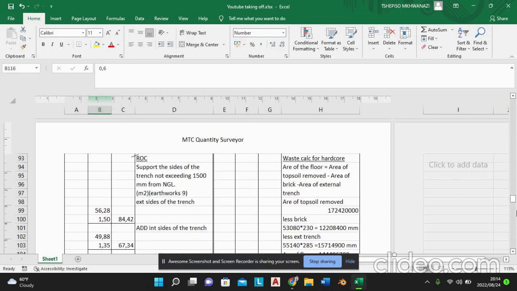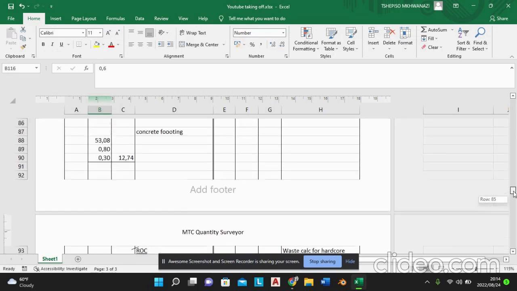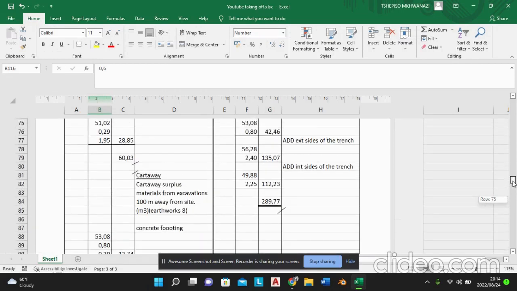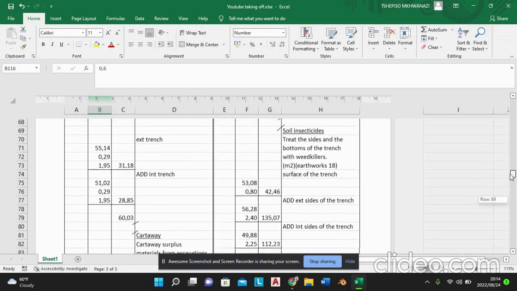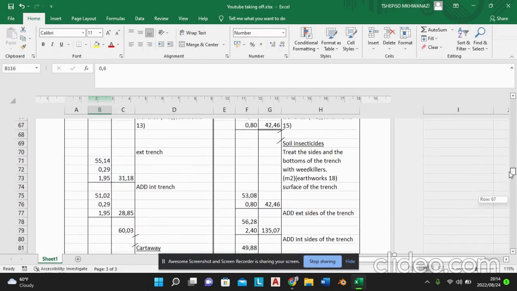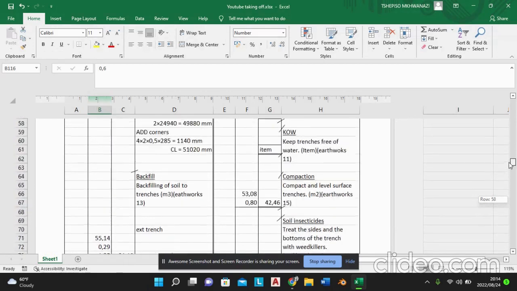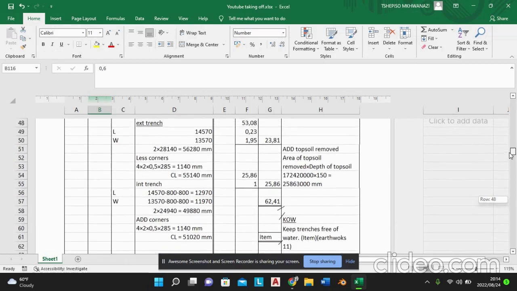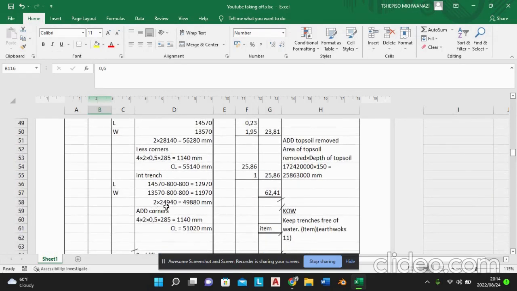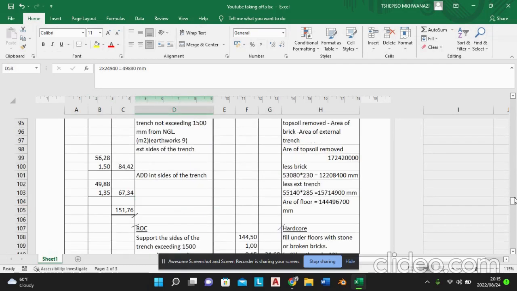So since you were using the internal dimensions of the trench, which means you will have a perimeter of the internal side of the trench before you do your adding of corners. Which means our perimeter is here. Our perimeter is 59.88. Just go there and substitute, and then we are done with risk of collapse.